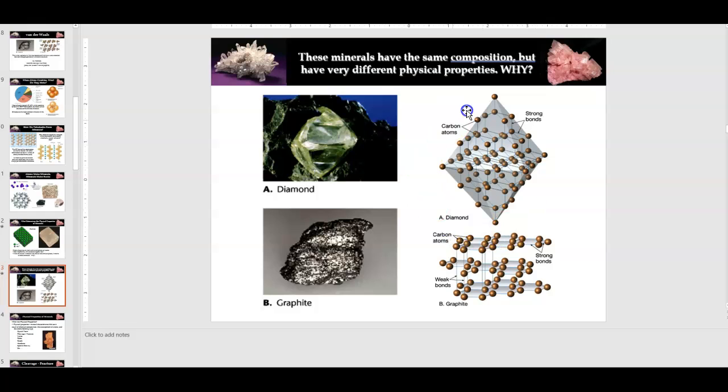But these minerals all have very strong covalent bonds, and so they're really hard. That's why diamond is one of the hardest minerals in the world, whereas graphite has these weak bonds. Even though they're both carbon, the exact same element, they're bonded in a different way, making graphite very soft and diamond very hard. This has all these strong covalent bonds. These have all these weak bonds.